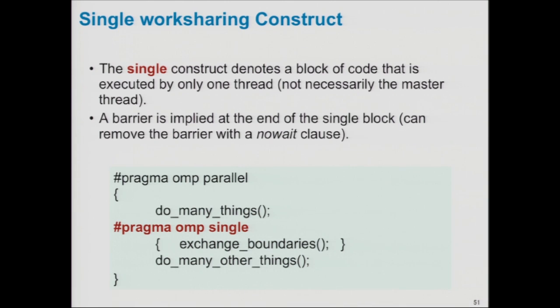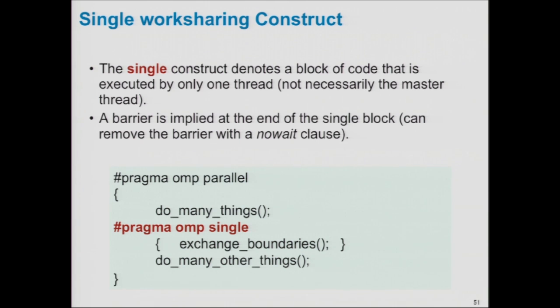Alternatively, you may not care which thread executes that code, in which case you can use the single construct. So the single construct is a lot like the master construct, except that it's not thread 0 that executes it. It's usually whichever thread arrives here first. Another difference between single and master is that we have a barrier at the end of this region.